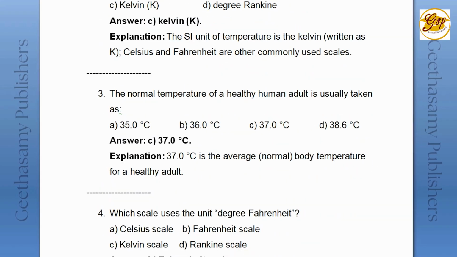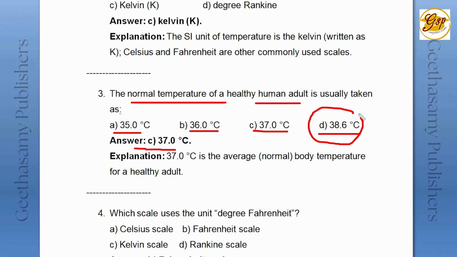Third question: the normal temperature of a healthy human adult is usually taken as 35 degrees centigrade, 36 degrees centigrade, 37 degrees centigrade, or 38.6 degrees centigrade. The answer is 37. Here they are confusing; normally we write 36.9 degrees centigrade, but now it's 37.